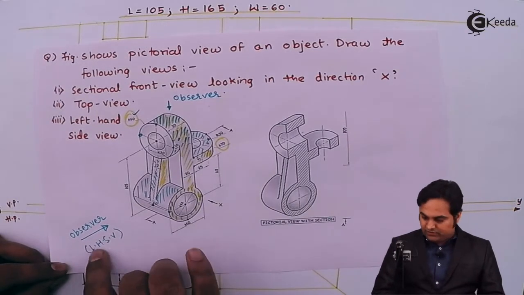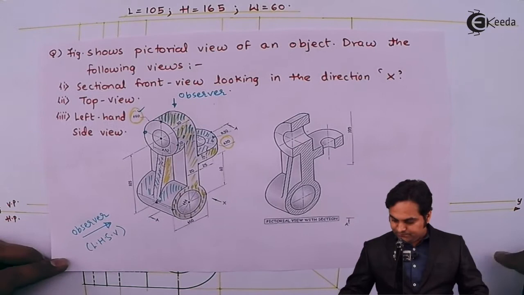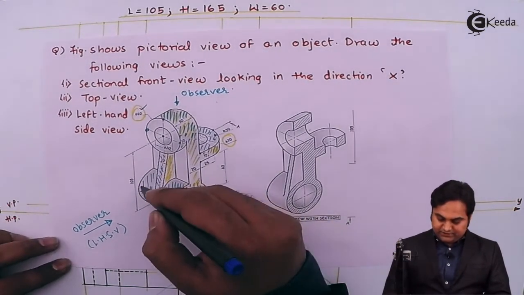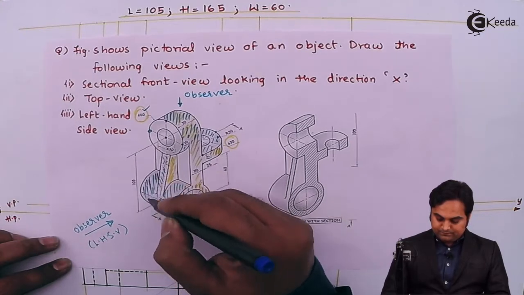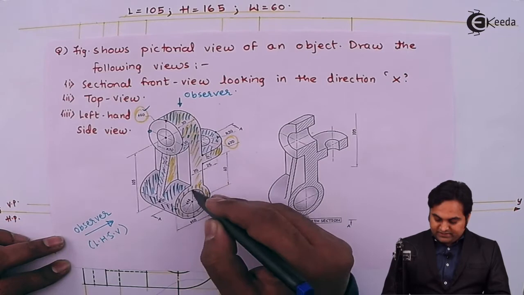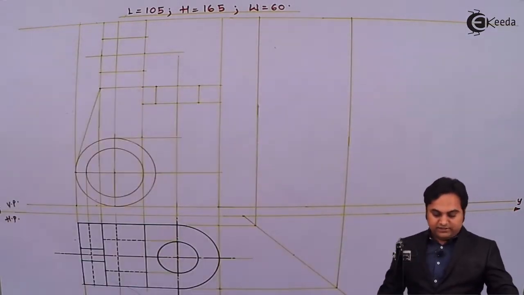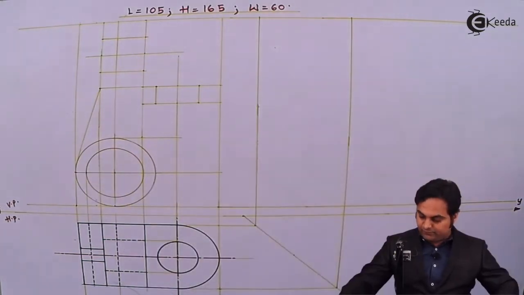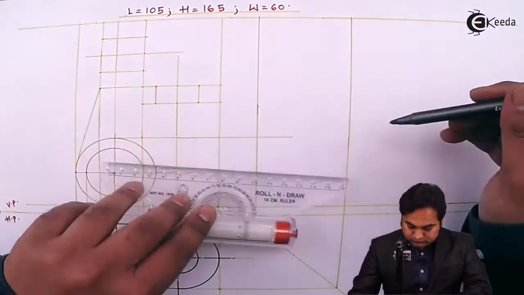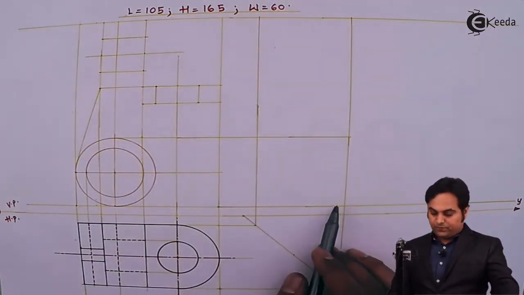Side view, as an observer here, when we are looking at this object, the first thing which is visible to me is this cylinder. Now this cylinder has a height of 60 mm, even the width is 60. So the height of that cylinder, I can get directly from the front view. Then the width is throughout.